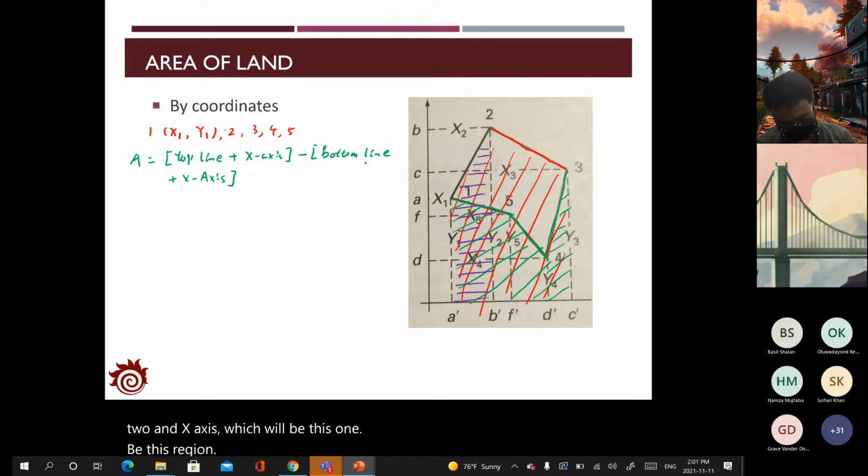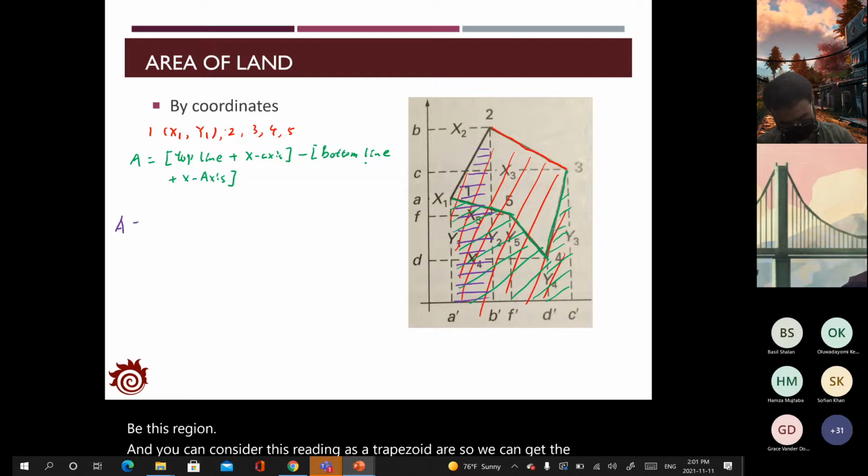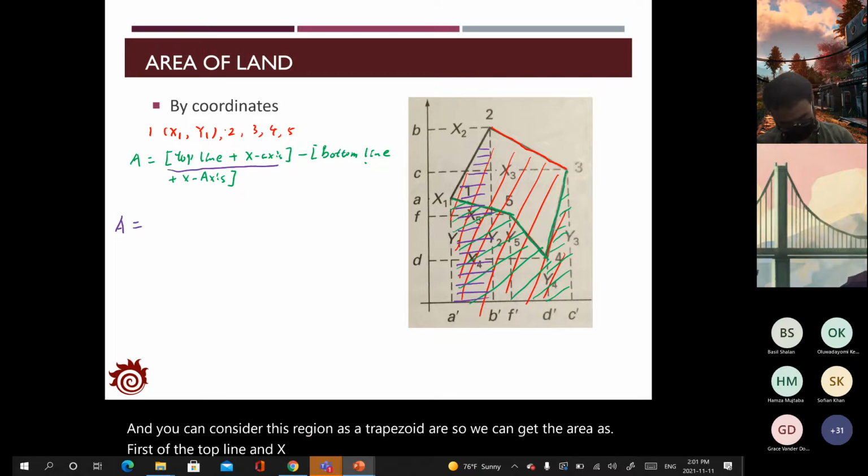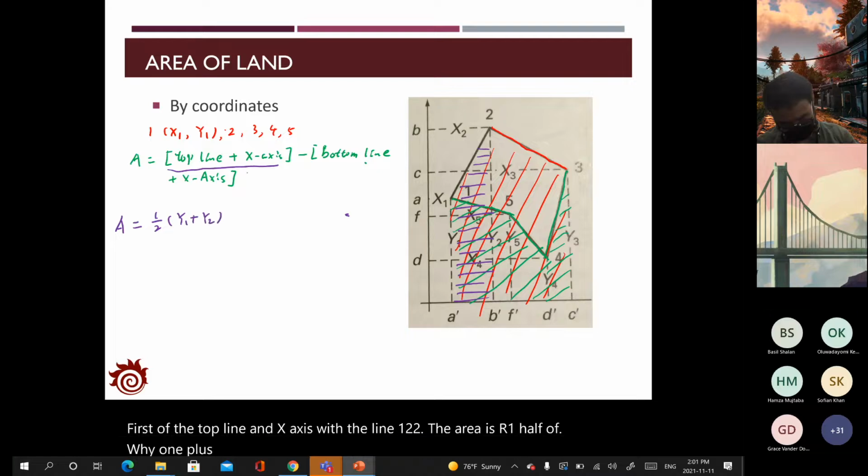You can consider this region as a trapezoid. So we can get the area of the top line 1 to 2 and the x-axis as 1/2 of y1 plus y2 times x2 minus x1. And this is for the line 1 to 2 and the x-axis.